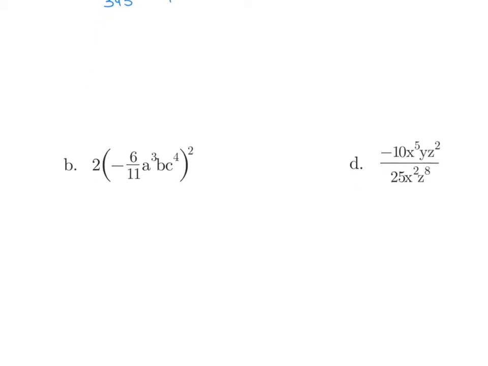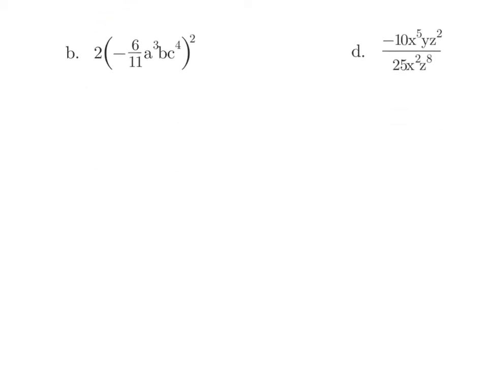Let's look at example B. To start off with, this 2 on the outside, just set it off to the side. If you want to do anything with it, you can make it 2 over 1 so that we can go ahead and multiply our fractions in our next step. From there, we're going to go ahead and square everything. We're using our power rule.